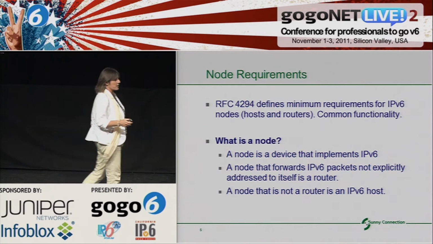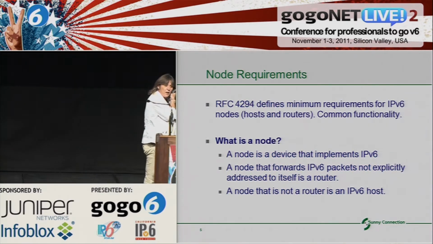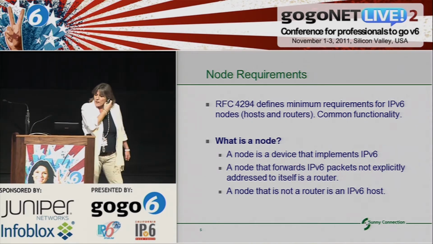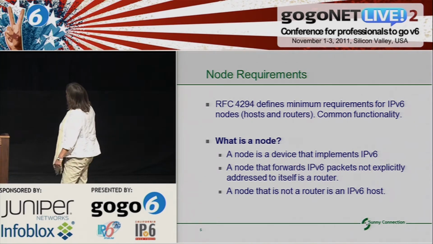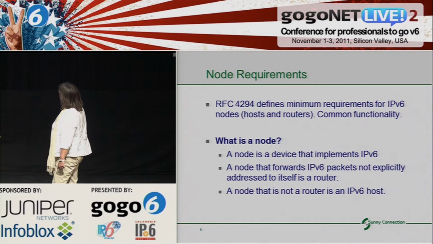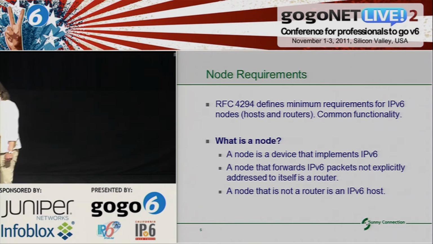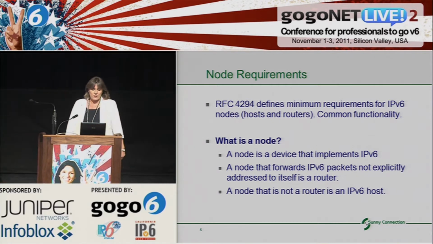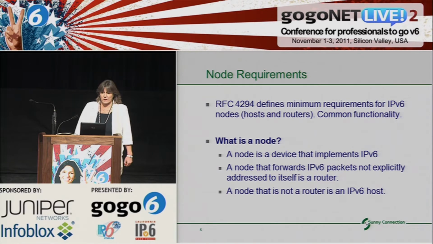So, let's start with how you evaluate what you need for your different devices. There is an RFC about node requirements. It's RFC 4294, which defines the minimum requirements for nodes. And how do they define nodes? The definition in the RFC is that a node is a device that implements IPv6, very general.